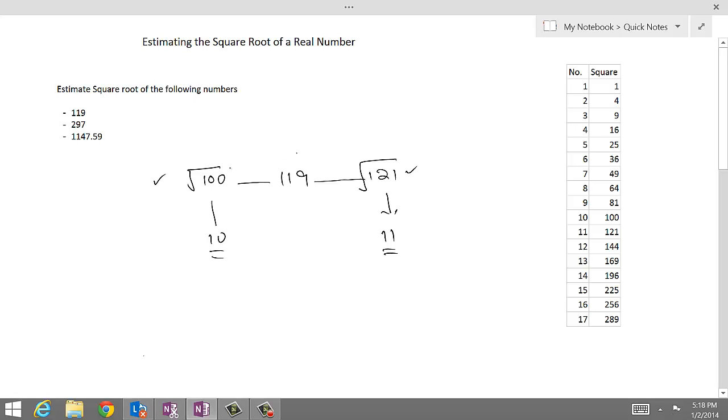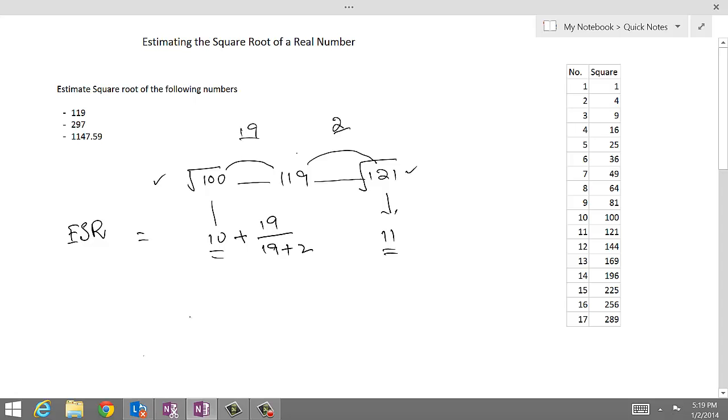Now find the distance between 119 and 100, which is 19, and the distance between 119 and 121, which is 2. Simple. Now the estimated square root, E for estimated, S for square, and R for root, is equal to 10 plus 19 divided by 19 plus 2.